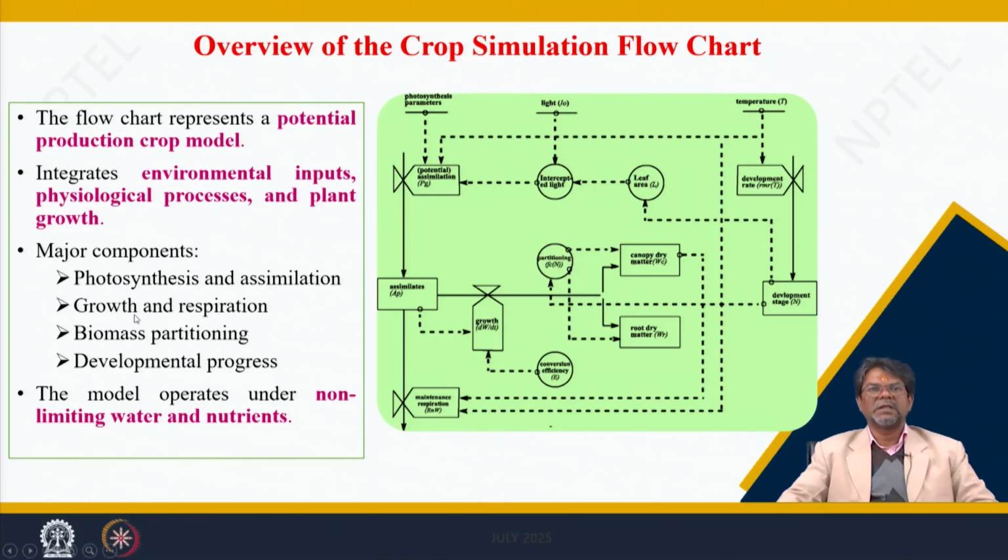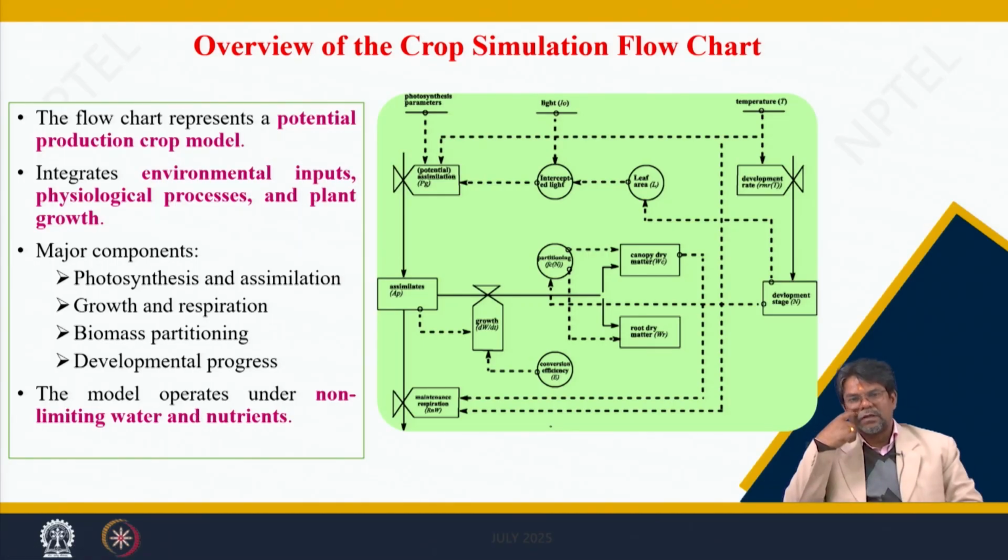The carbohydrates are converted to tissue formation, which makes growth, and there is loss through respiration of carbohydrate. After growth, the total dry biomass is partitioned to different plant parts, maybe the leaves, stems or roots. That partitioning is also influenced by the developmental stage, and the progress of the developmental stage is influenced by weather parameters like temperature. The model operates under non-limiting water and nutrient conditions.